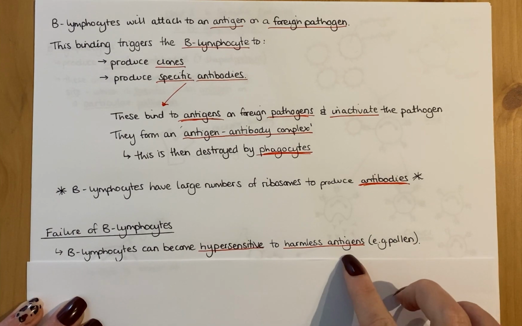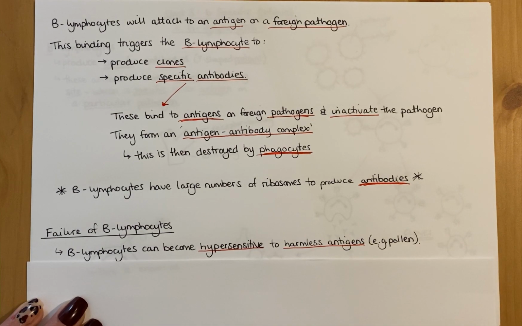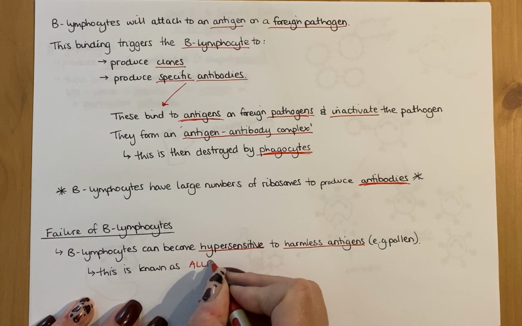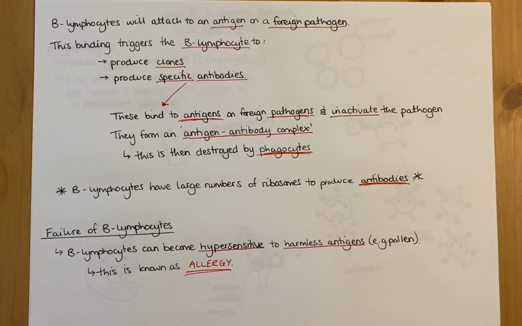But sometimes those antigens are harmless, like pollen, like the antigens on dog hair, or like the antigens in dust. When that happens, this is known as allergy. So B lymphocytes are responsible for allergies if they are overactive and hypersensitive. T lymphocytes are involved in autoimmune disease, B lymphocytes are involved in allergy.